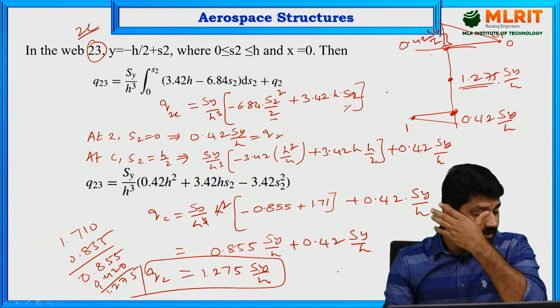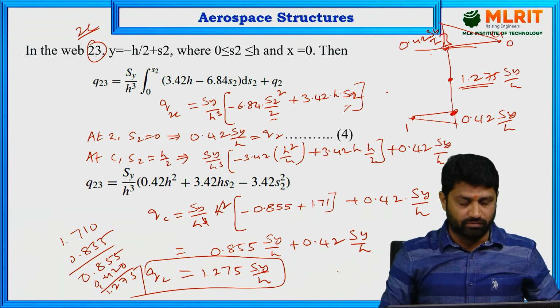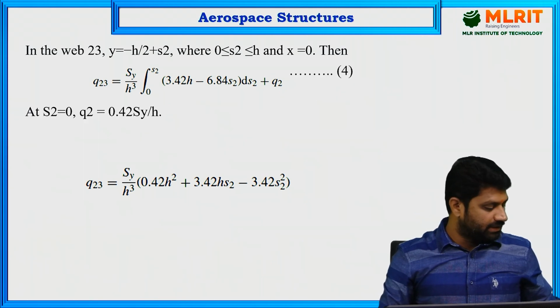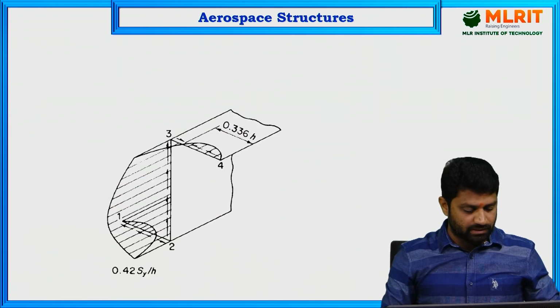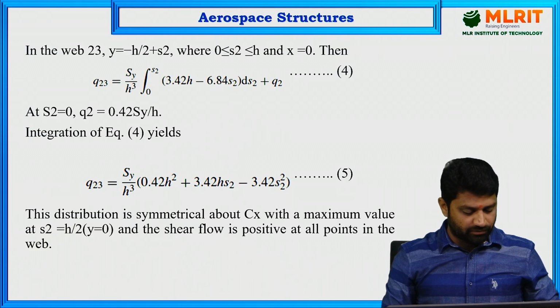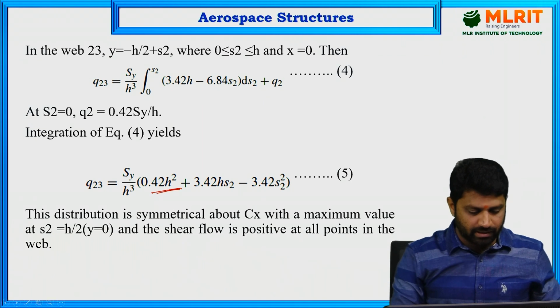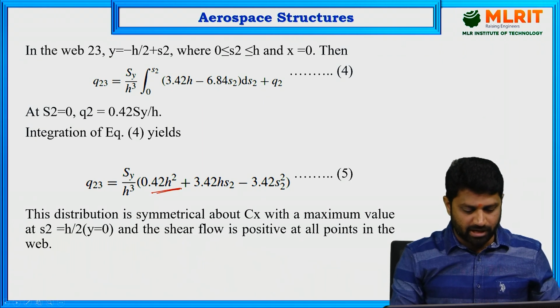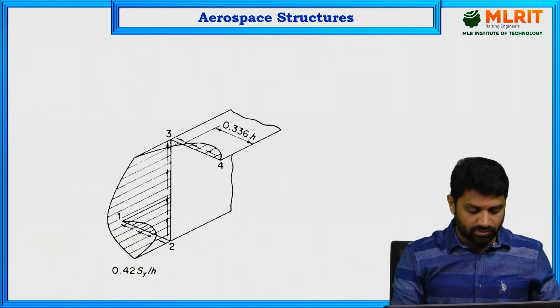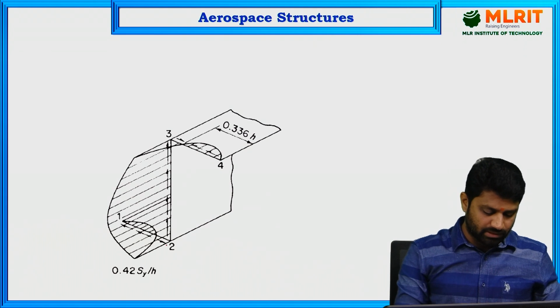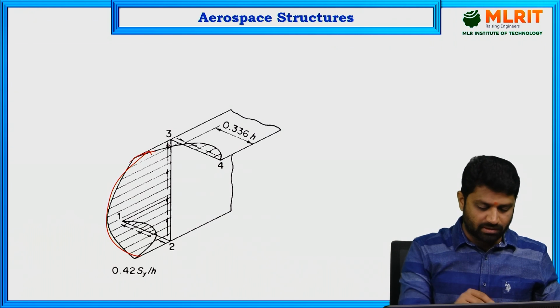So this is how we calculate the shear flow distributions at 1, 2 and C that we have seen here, and then the shear flow distribution looks like here. Okay, and for 2, 3 the distribution has h square, so it will be parabolic. For 1, 2 you may get linear here, but for 2, 3 you are going to get a parabolic curve. So this is the parabolic curve which we have seen.